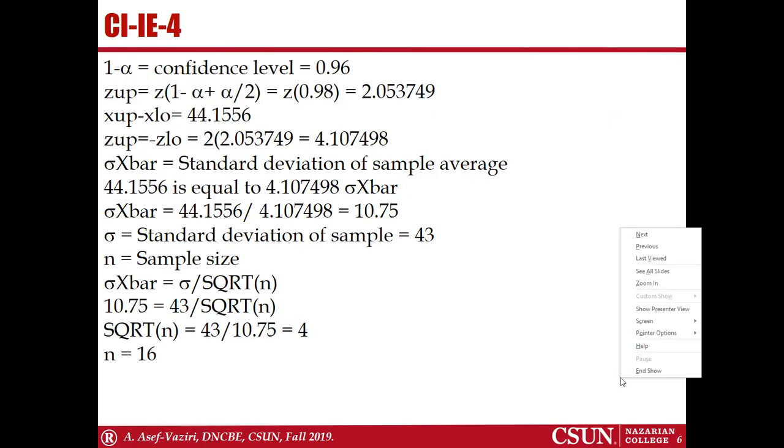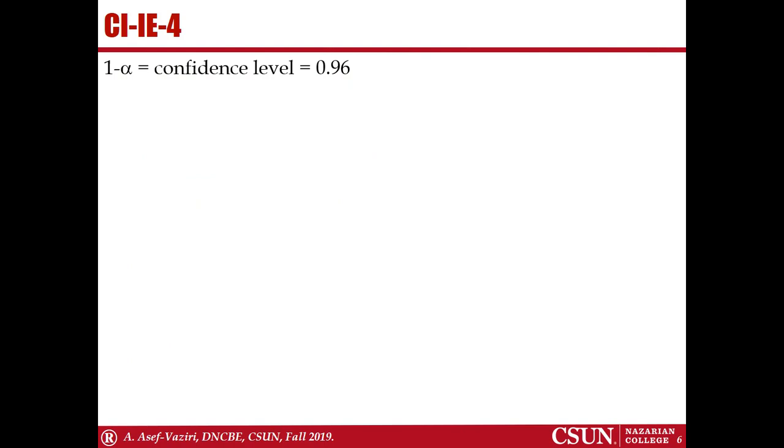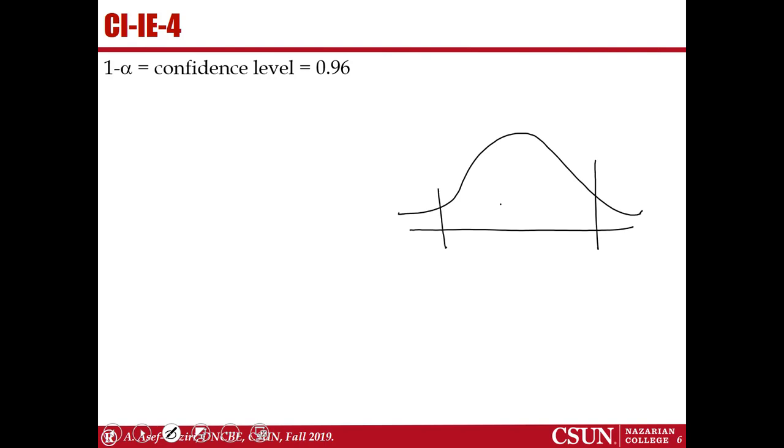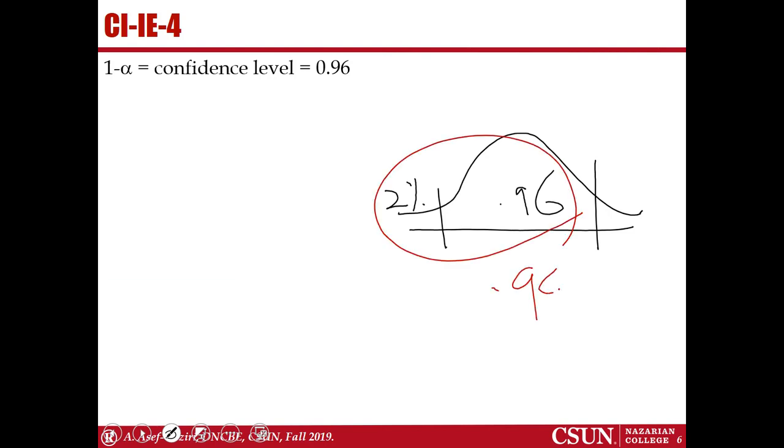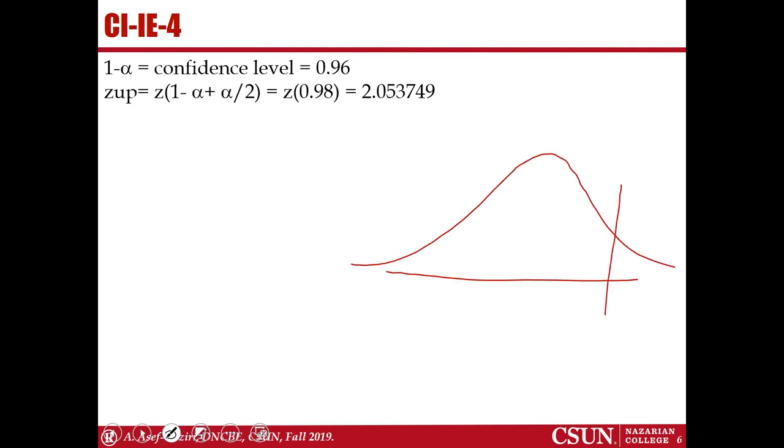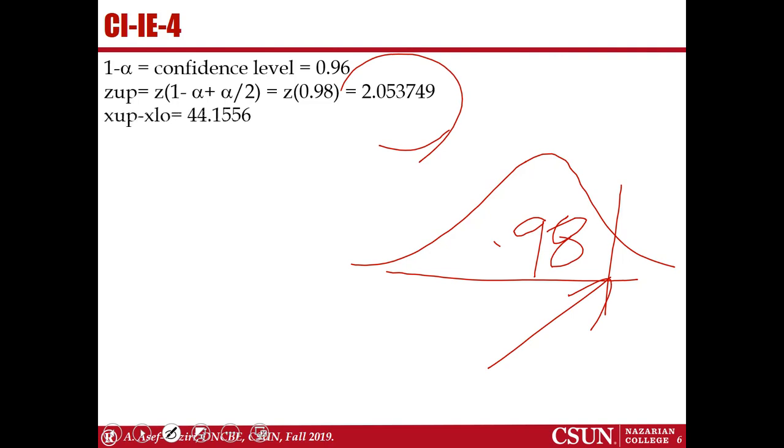So what we did: we had 1 minus alpha, which was the confidence level, 0.96. If this is 0.96, then the whole area all the way down is 0.98, and therefore we added that 2%. We got 0.98. In the z distribution, if this probability is 0.98, what is this point? It tells us 2.05 standard deviations to the right.